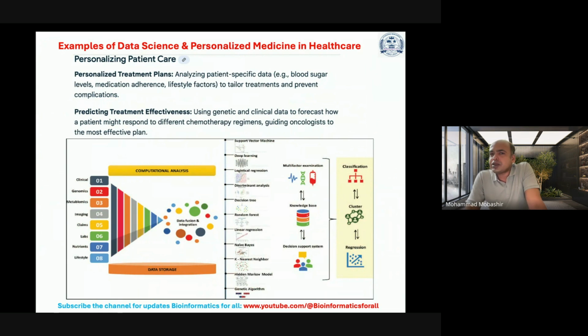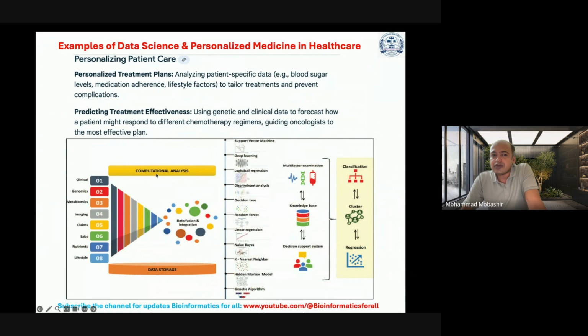Analyzing patient specific data, for example, blood sugar level, medication adherences, lifestyle factors, to tailor treatments and prevent complications. Then predictive treatment effectiveness, using genetic and clinical data to forecast how a patient might respond to different chemotherapies, guiding oncologists to the most effective plans. And this is the way how you can think.